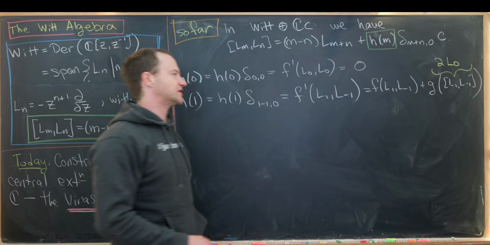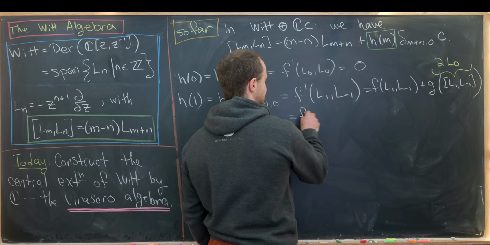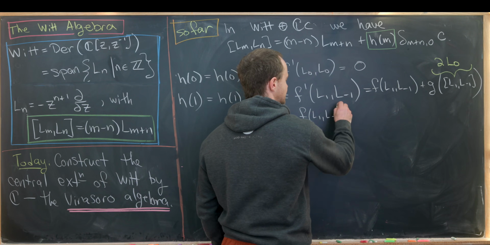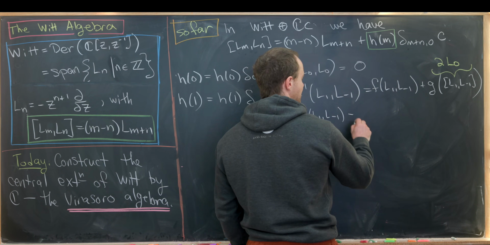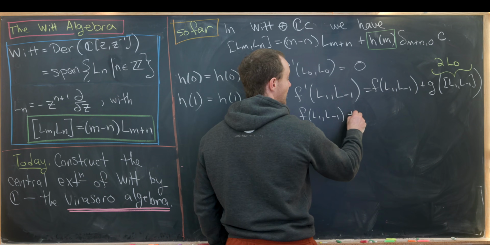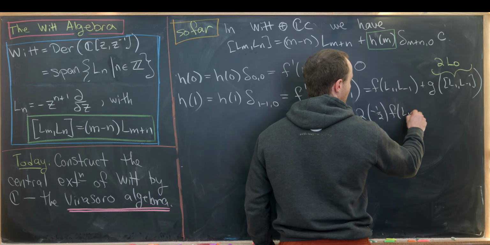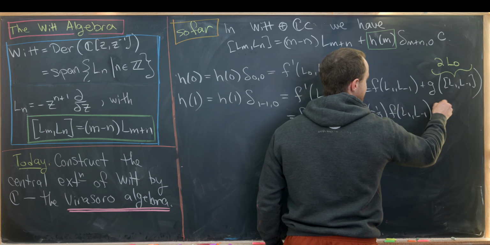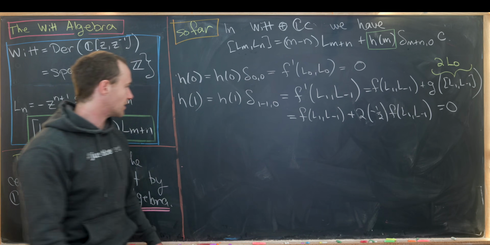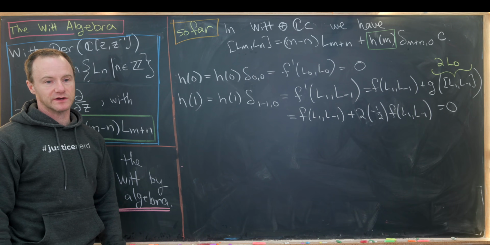So combining with the 2, that will cancel this thing out. So more thoroughly, this gives us f of L1, L minus 1 from this term, plus a 2 times a minus half of f of L1, L minus 1 from this term, but that's clearly equal to 0. So that means we know h of 0 is 0 and h of 1 is 0 as well.